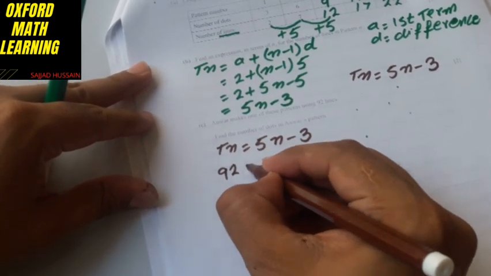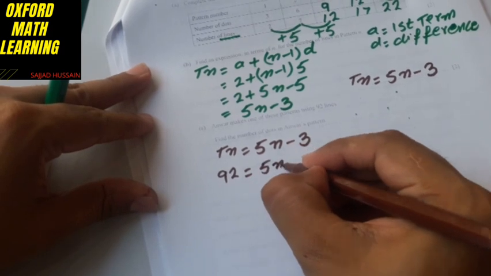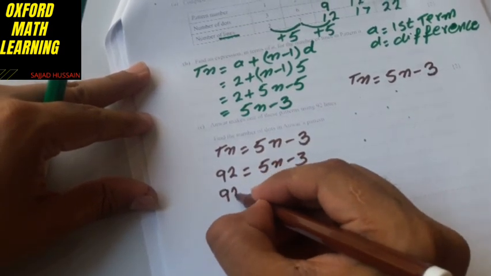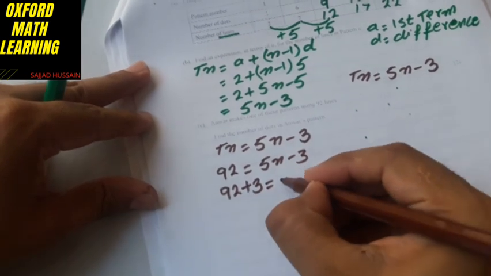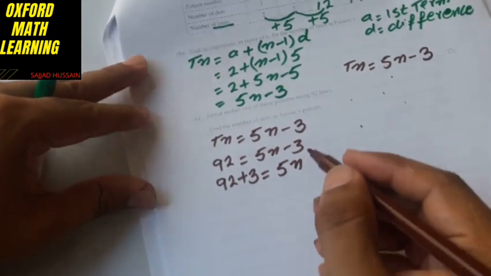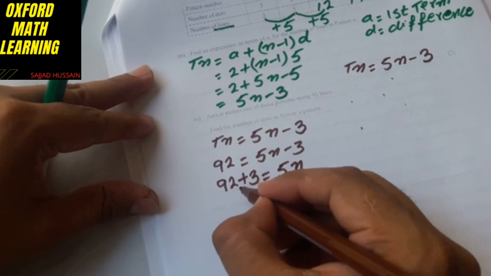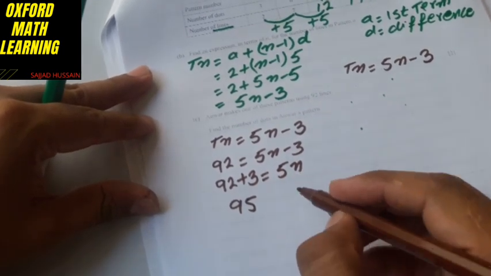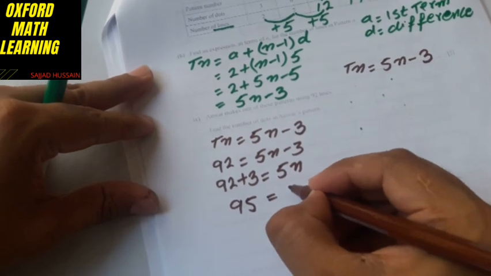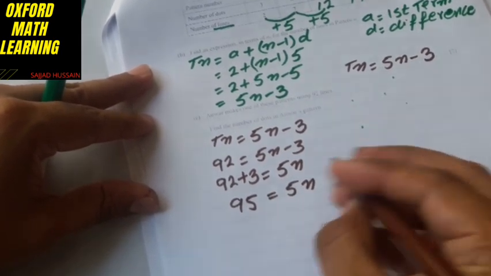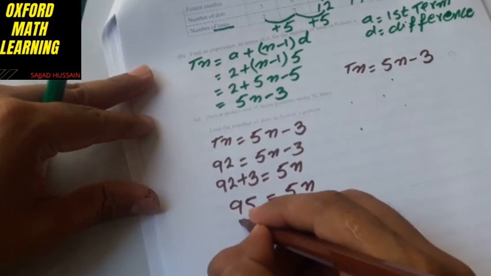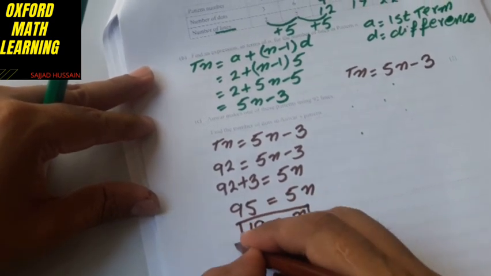So 92 equals 5n minus 3. The minus 3 flips to the other side: 92 plus 3 is equal to 5n, so 95 is equal to 5n. We divide on both sides, so n is 19.